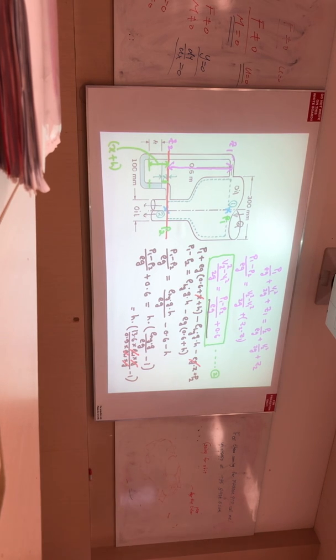Then I write here so that you can visualize. I can write P1 minus P2 by G plus 0.6 is equivalent to, tell me.